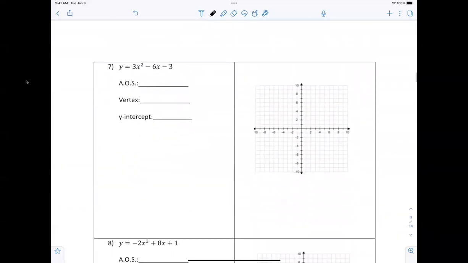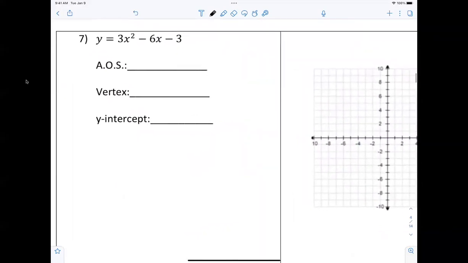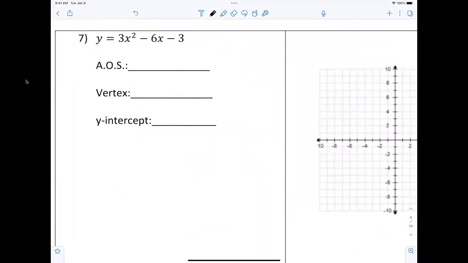All right, so let's look at 7. Somebody calculate the axis of symmetry. Anybody else agree? 1. Anybody else agree that it's 1? All right, now I'm just gonna wait for the vertex. 1 something.